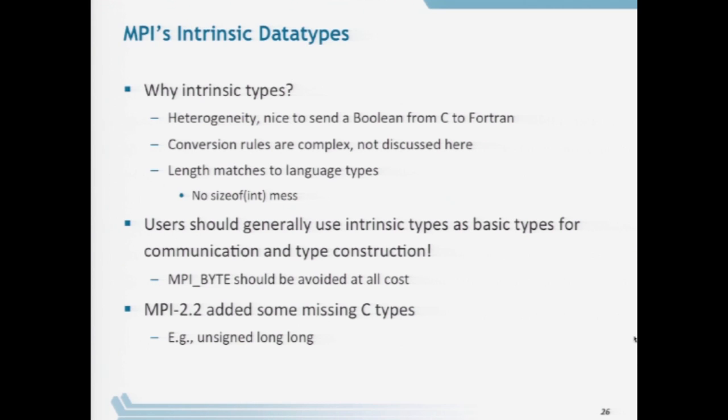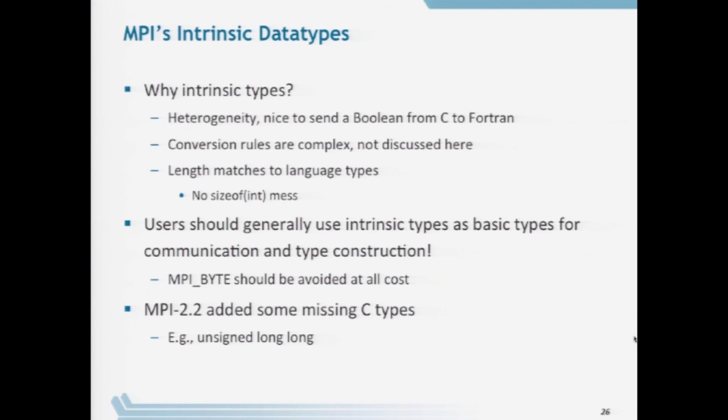So to start with, the basic types are the language types. So for a C int, if you want to describe a C int, there is an MPI int. For doubles, there's MPI double. In Fortran, there's MPI integer, MPI double precision, and so forth. That gives you all sorts of advantages. It would allow you to work with systems with different data representations.